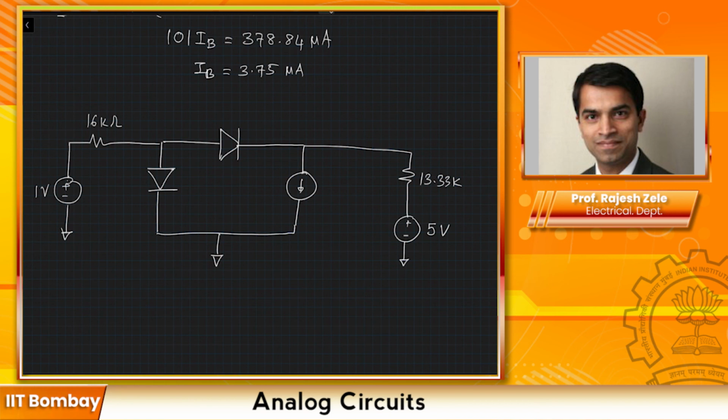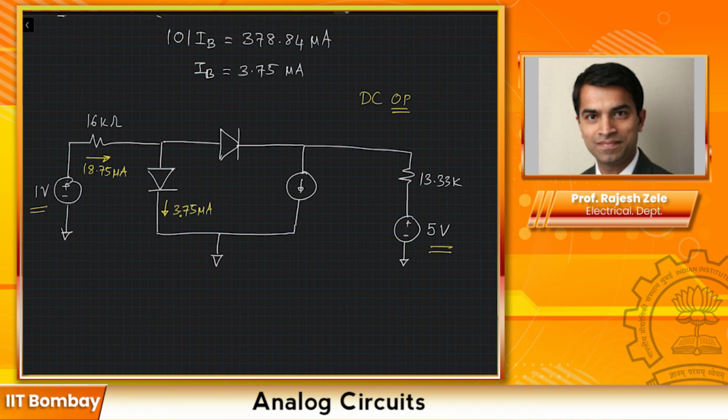Since this is your DC operating circuit, we have a 5 volt supply, and this 1 volt is the Thevenin equivalent due to the voltage divider at the input. As we derived earlier, the currents will look like this. 18.75 microamps will flow through this, and the base current is going to be equal to 3.75 microamps.